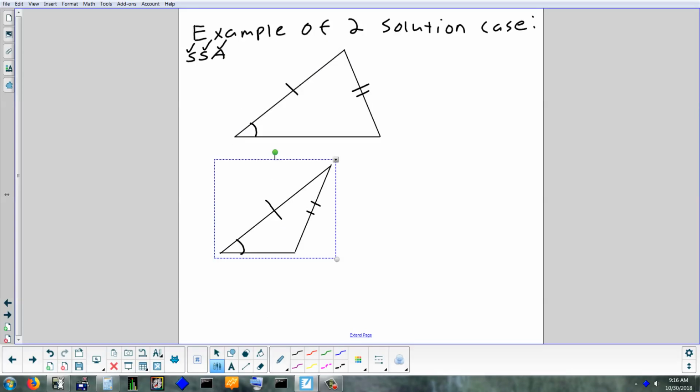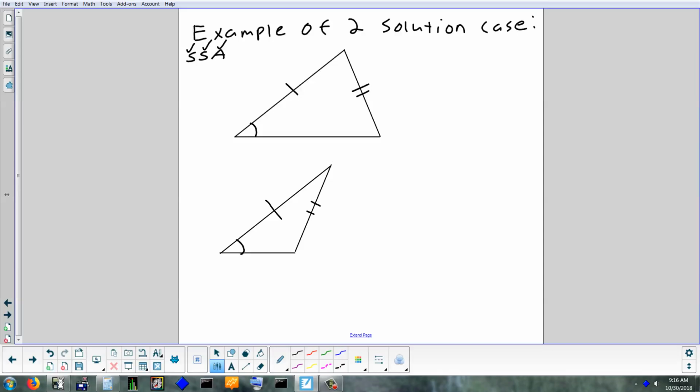Does that make sense? I can't do that with any other type of triangle. Like, so if I gave people sticks to build stuff, and I said, all right, here's two sticks, and I want the angle over here to be a certain amount of degrees. Some people might build the top triangle, some people might build the bottom.